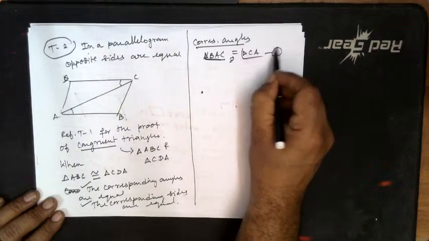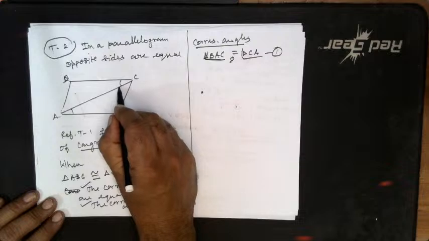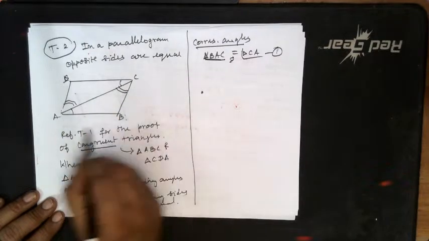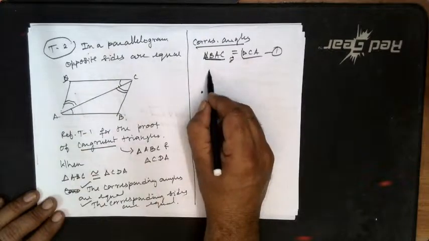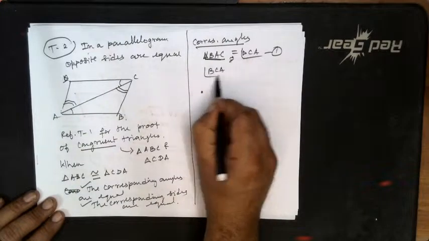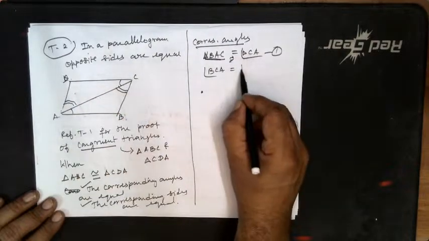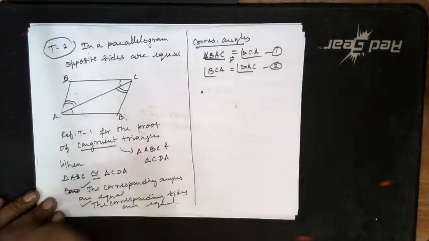Point number 1. And the next pair of angles, what are those? These two, is it not? How to label them? BCA is equal to DAC, right? So this is the second corresponding angles.